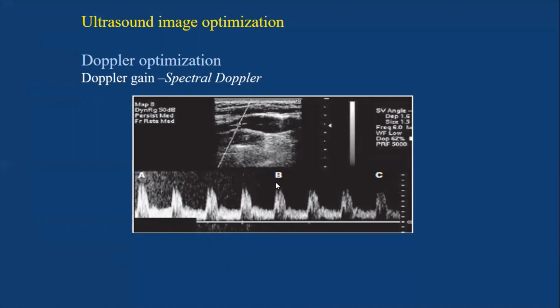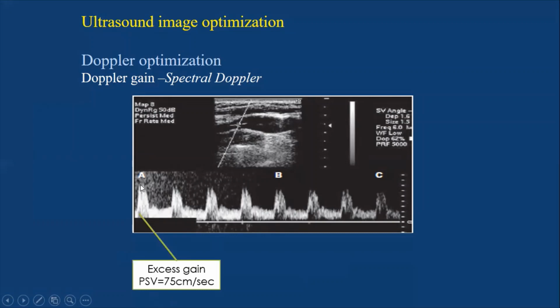And if you lower the spectral wave gain more and more, you will lose the true peak systolic velocity point, giving values that are wrongly less than what it should be. As in this case, for example, the presence of noise will falsely give a wrong high PSV.